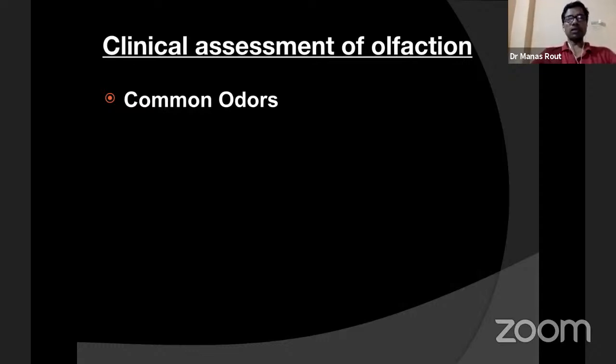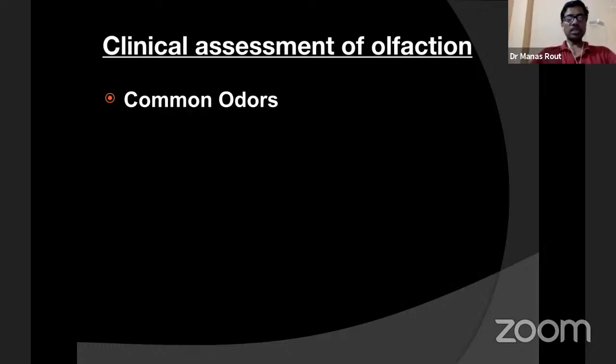You have to give very pleasant smells, but you should not give irritants like alcohol or ammonia, because with alcohol and ammonia the patient will say, yes, I'm able to smell, but exactly this is not smell, these are irritations. Any irritants will irritate the epithelium, and the patient can feel some amount of activity, but these are not odors.